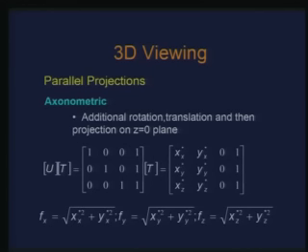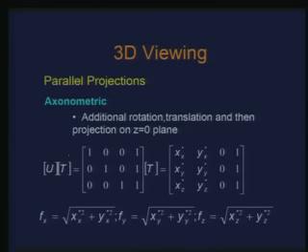So, in order to see that, let us say I construct this matrix T, which is a combination of rotation and/or translation and a projection on the z equal to 0 plane. This T is a combination of these transformations, and it can give me certain foreshortening.